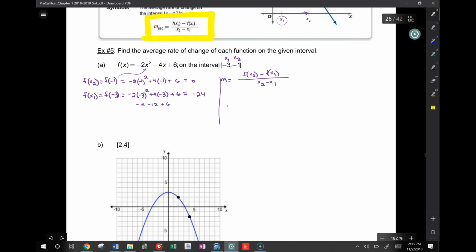So now m is 0 minus negative 24 over negative 1 minus negative 3. How much? 24 over 2. 12. Okay?